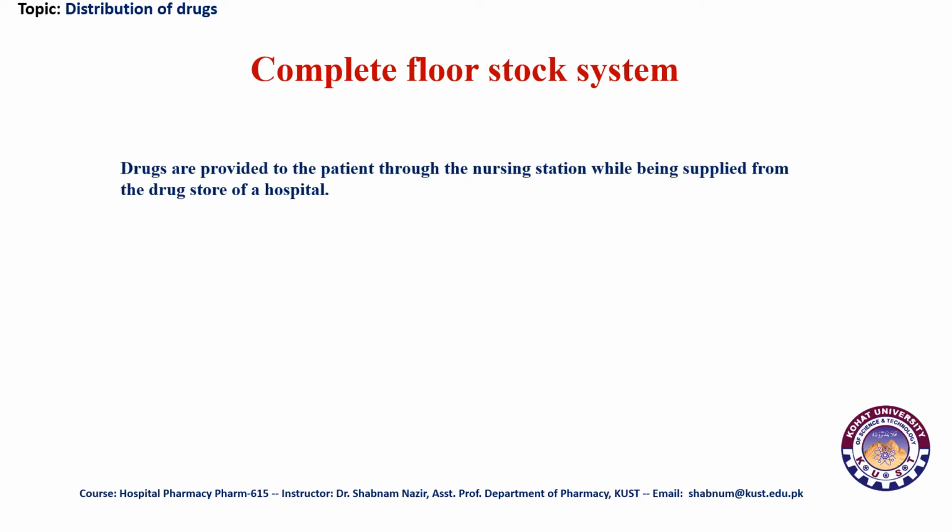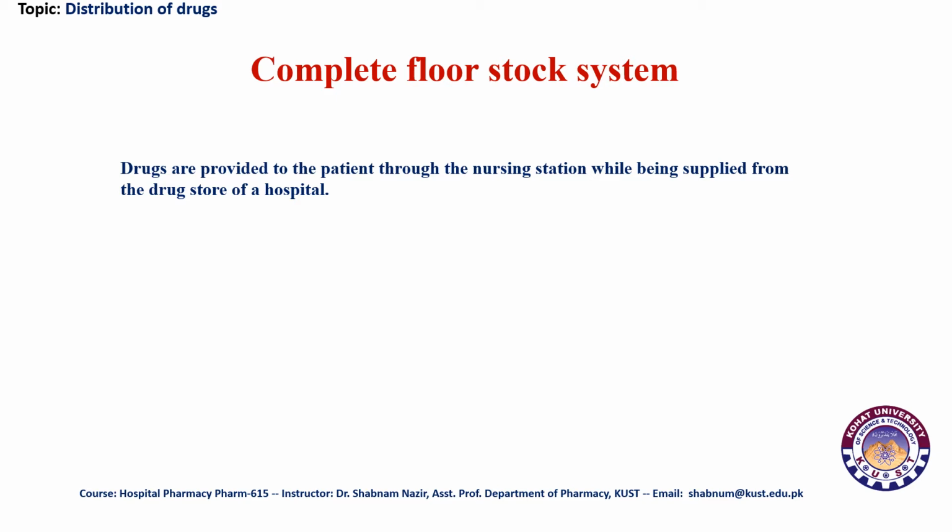So students, we just discussed in case of the prescription order system that drugs are prescribed by the physician. That prescription comes to the pharmacist on which the dispensing is made. Now what happens in the case of the complete floor stock system? Prescriptions do come to the pharmacist, and drugs are usually provided to the nursing station from the drugstore of the hospital.